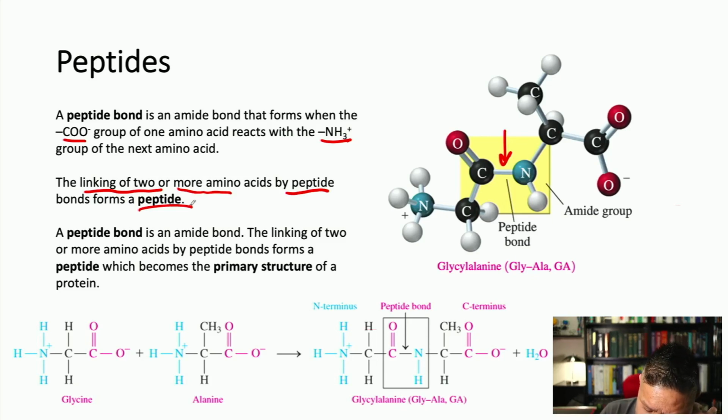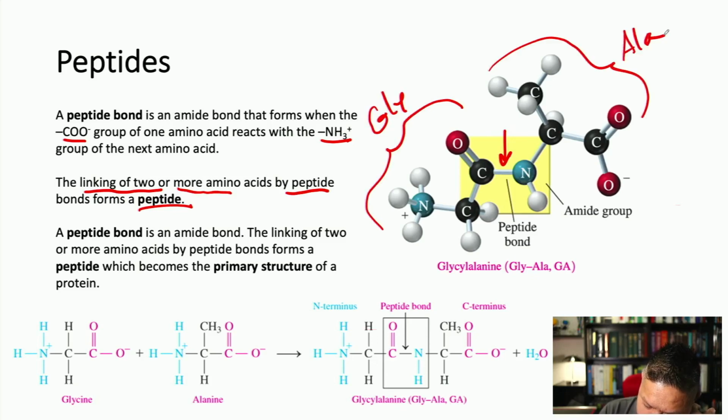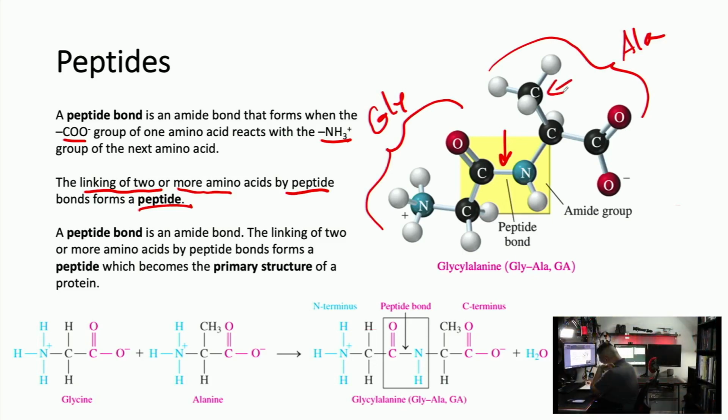So looking at this example over here, we've got a glycine on this side, and then over here, we have an alanine. We know it's an alanine because there's the methyl group of the R group right there. And over here we know it's a glycine because there's the hydrogen of the R group right there.